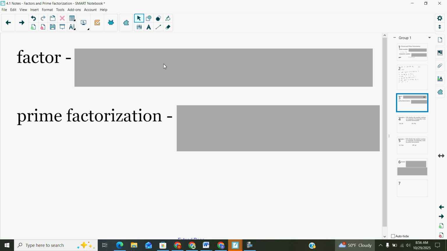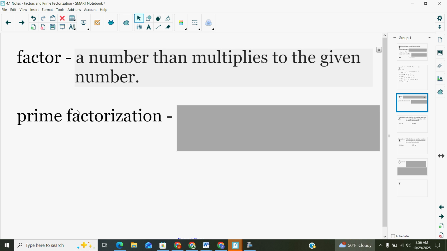Factors. When we use that word factor, the word factor is a whole number that multiplies to the given number.